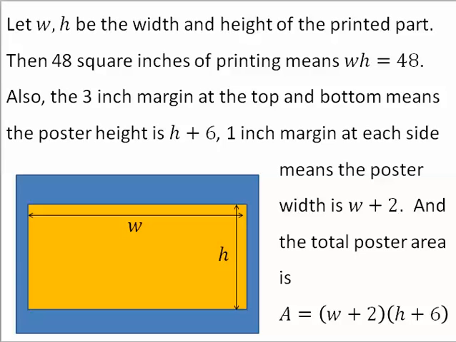And the total poster area is W plus 2, that's the total poster width, times H plus 6, that is the total poster height.